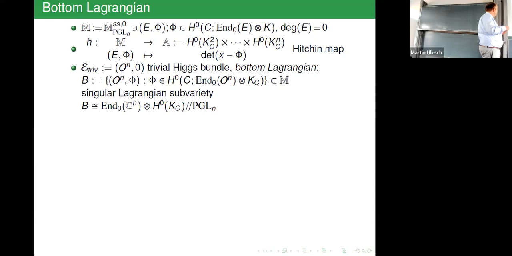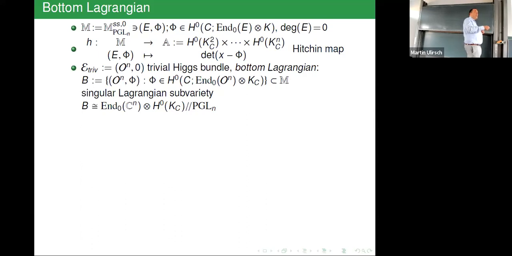You take the Higgs fields, and what stays here is the trivial bundle. And so the Higgs field will be in here, and two Higgs fields will be representing the same Higgs bundle if in the PGL_n GIT quotient they are the same.